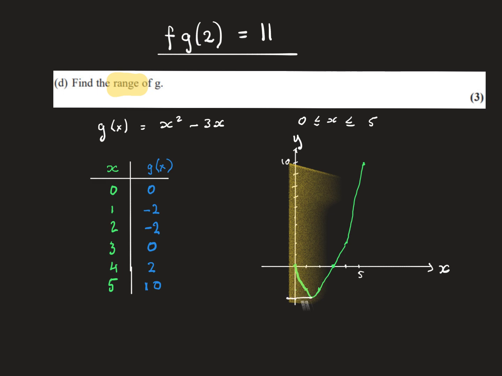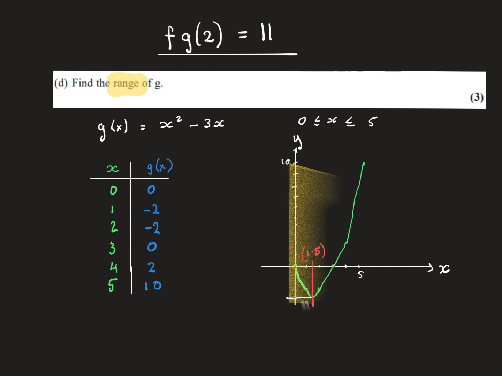So how do we find the minimum? I guess there's many ways, but the way I would do it is by having a look and saying, well, this is 2 and 2, and this is 0 and 0, minus 2 and minus 2, which means that if it's symmetrical, our x value must be somewhere here, which will be 1.5.